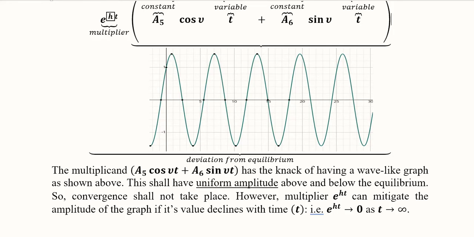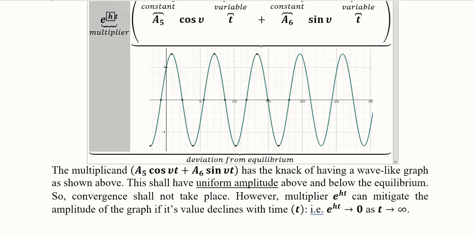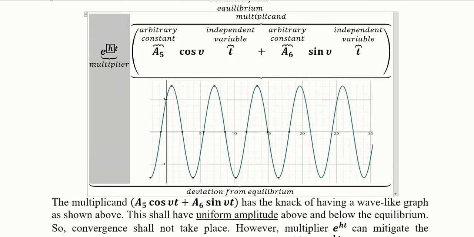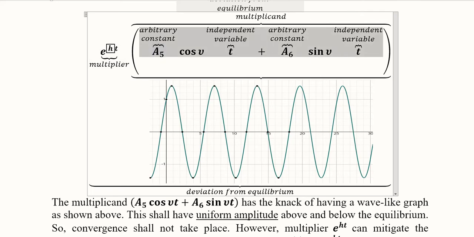How all these possibilities can take place quite a bit depends upon the multiplier, which is actually an exponential function, because these terms are basically arbitrary constants a5 and a6. Sine and cos theta, instead of theta we have v and t. So this is a value that is beyond our control, that is it will start from 0 and it can go anywhere close to infinity.